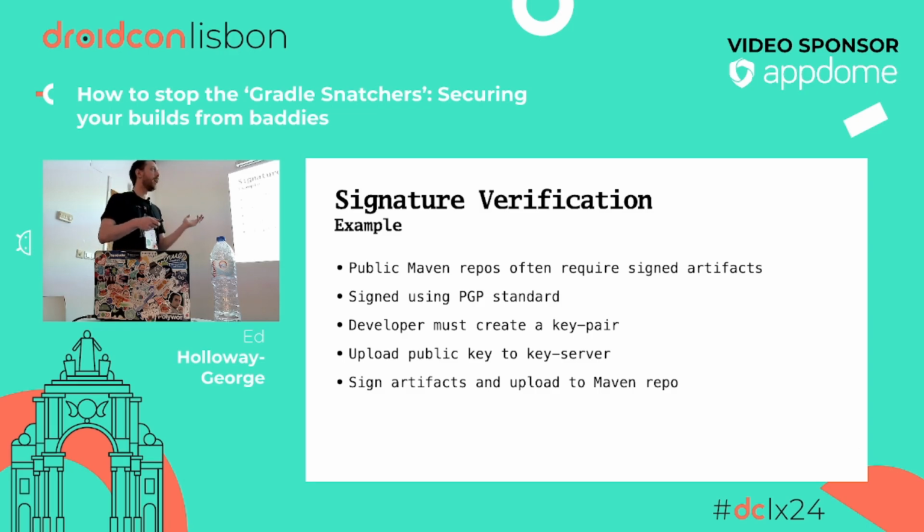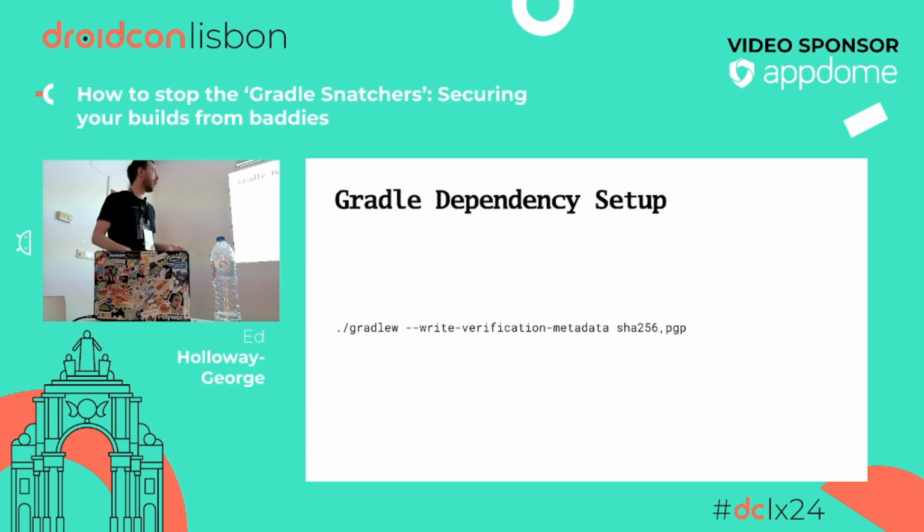So when the dependency author has signed them, how do we then verify that the dependencies they've uploaded are the ones we've downloaded? Well, we use another step within the previous command that we've seen before. So in this case, write verification metadata SHA-256 before, which was the dependency verification, and the PGP, which is now the author.